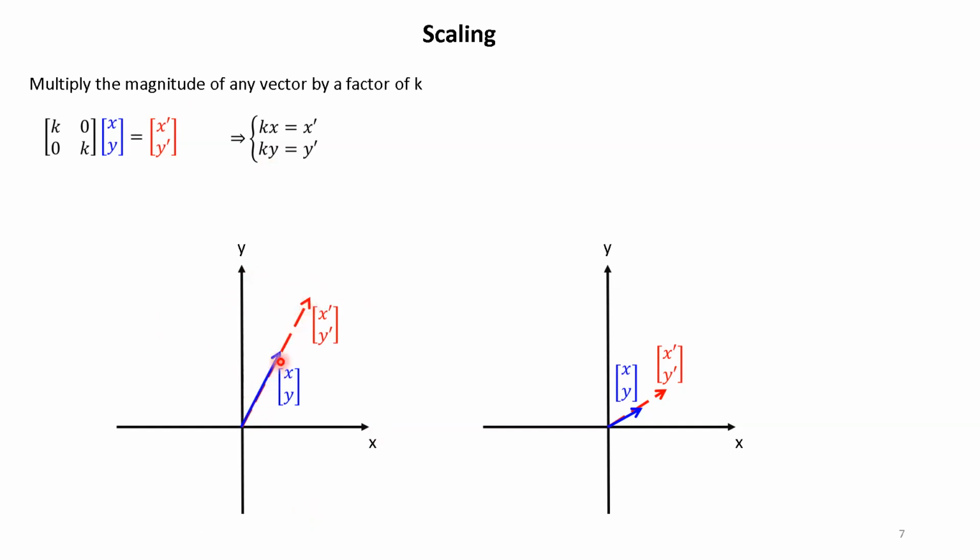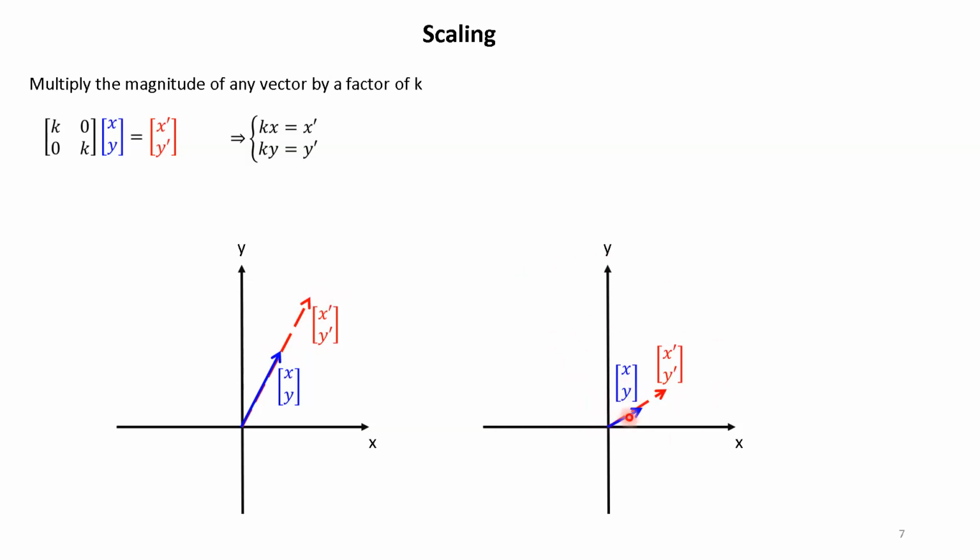Let's say I scale it by 2, then the transformed vector is longer, the length is doubled, but the scaling does not change the direction of the vector itself. The two vectors are pointing in the same direction.